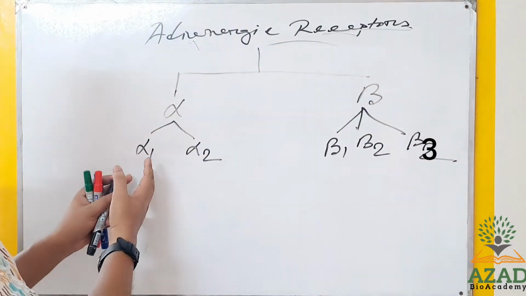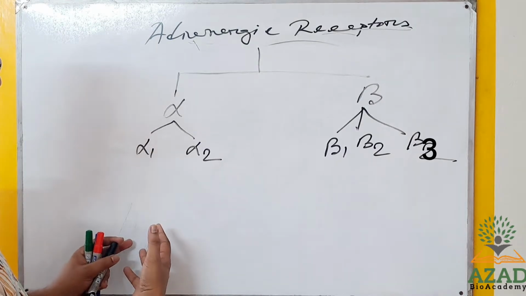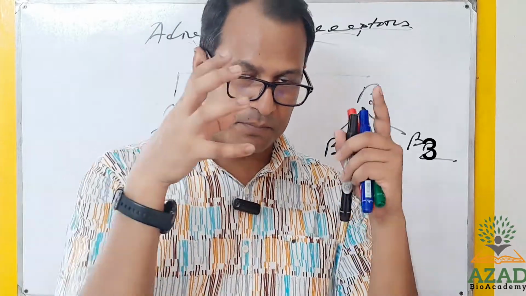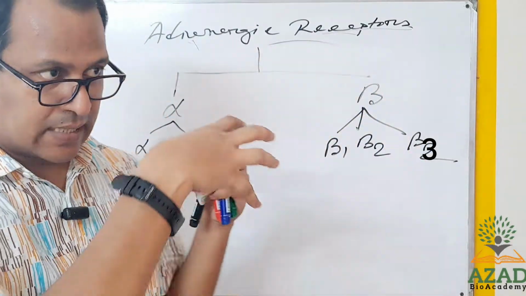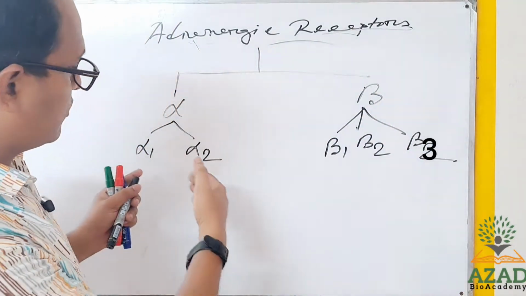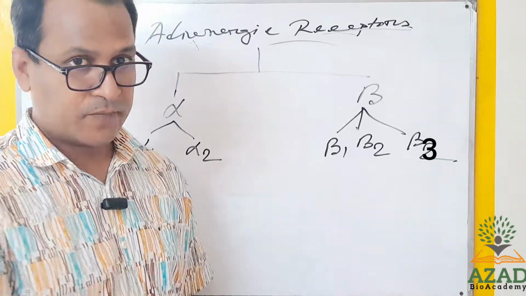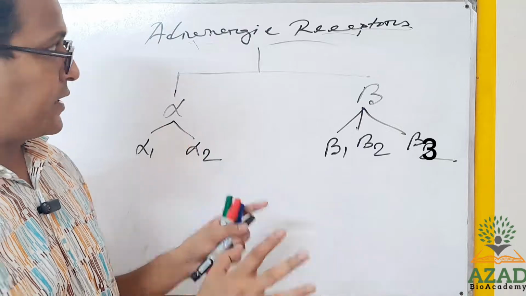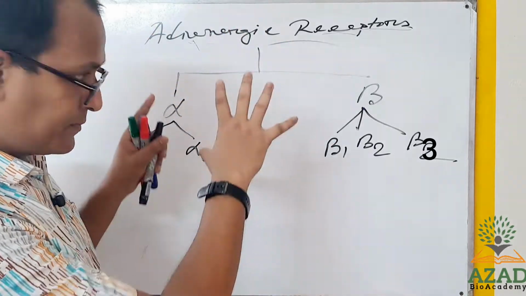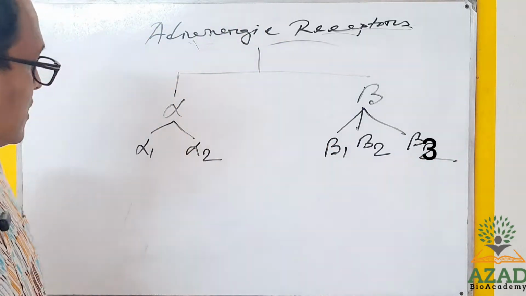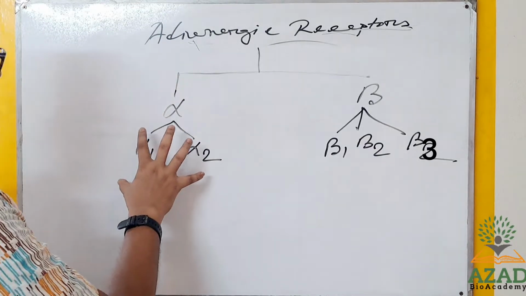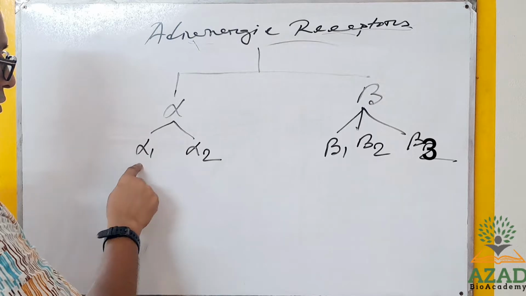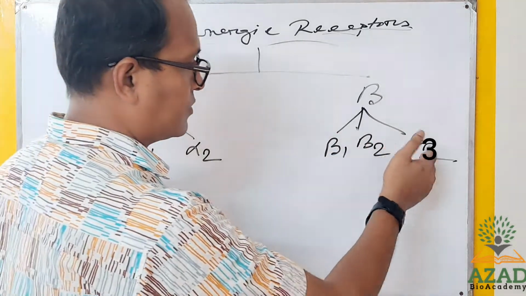Actually, alpha 1 has some other subdivisions too, but for easy understanding, according to the basic major organs, if we consider it this way, that will be sufficient to explain the adrenergic receptors and their activities. So this is alpha 1, alpha 2, and beta 1, beta 2, beta 3.